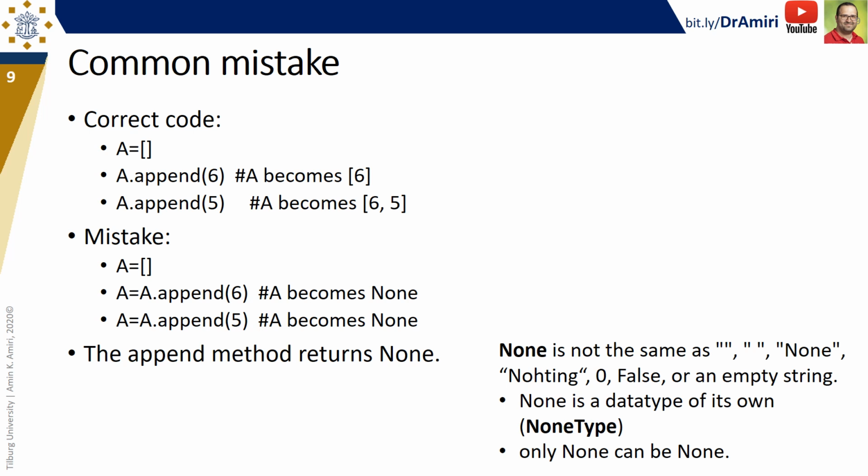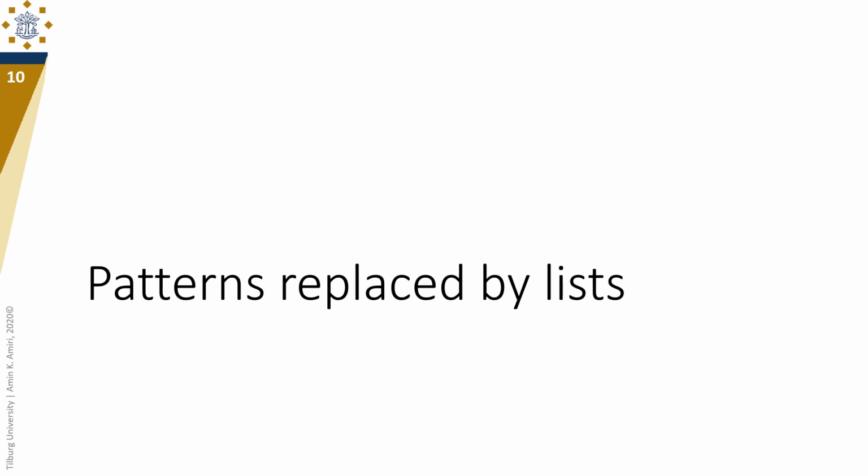For example, for int we have 1, 2, 3, 4, -1, -2. For None we only have None. So the append method returns None. Keep that in mind. Now that we learned how to create and use lists, let's learn where to use lists.